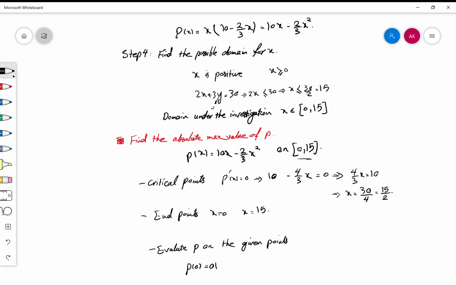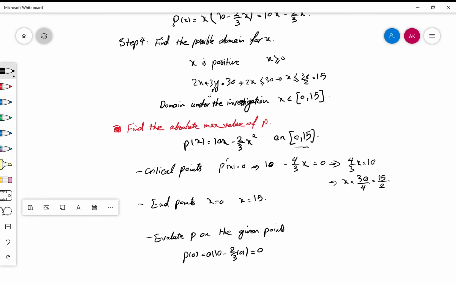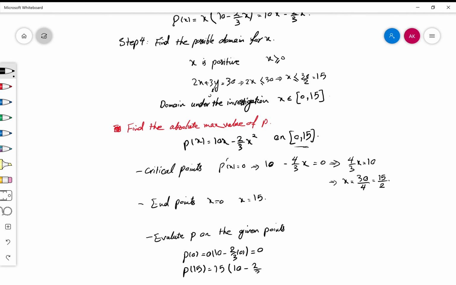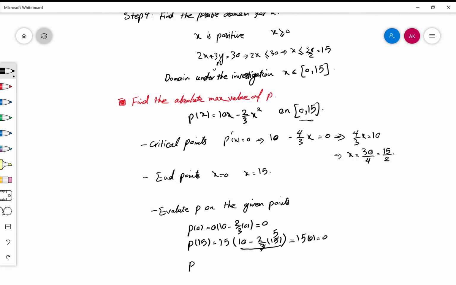It will be 0 times 10 minus 2/3 of 0, which is 0. P at 15 is 15 times 10 minus 2 over 3 times 15. This cancels with that, giving me 5, and 5 times 2 is 10. 10 minus 10, this is 15 times 0, which is also 0.